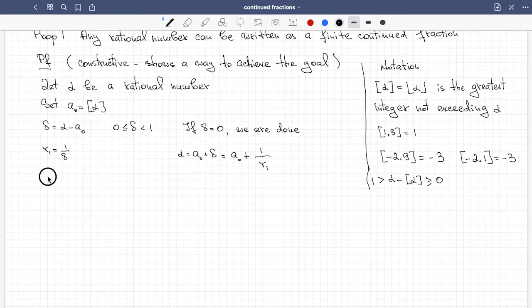Now we set A1 to be integral part of R1. Delta was smaller than 1, so R1 is strictly bigger than 1 because delta is smaller than 1. 1 over delta is bigger than 1.